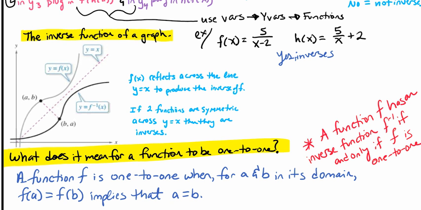Now something important is that a function f has an inverse function, inverse of f, if and only if f is 1-to-1. So let's talk a little bit more about what that means. That kind of comes into our whole, what is the horizontal line test and how can we determine 1-to-1 relationships.